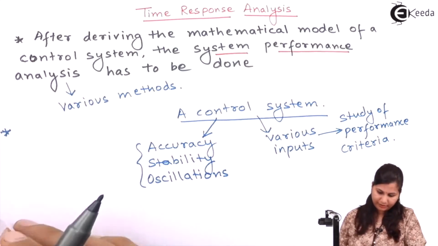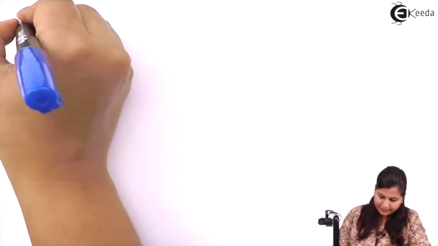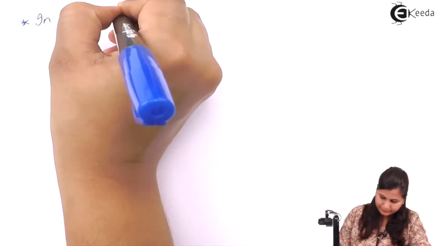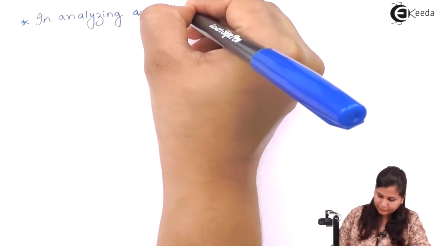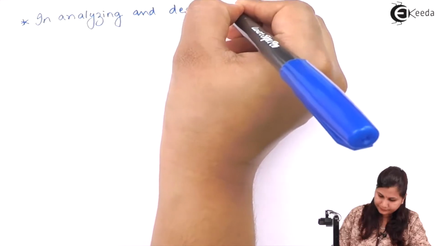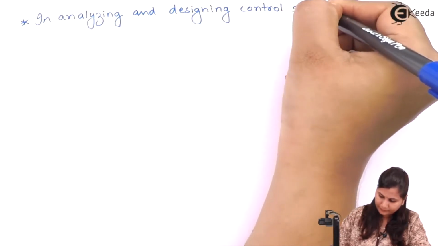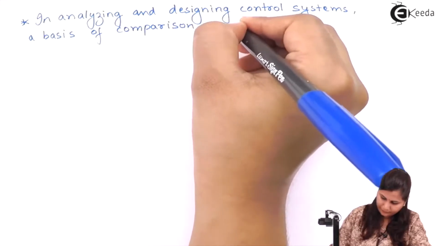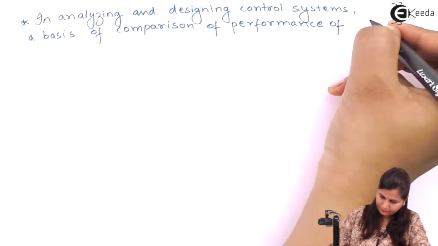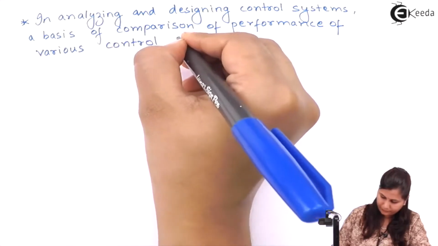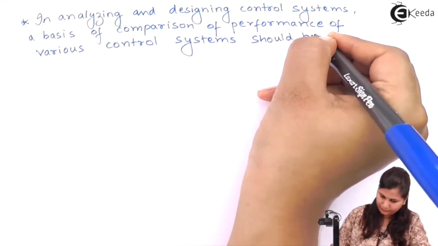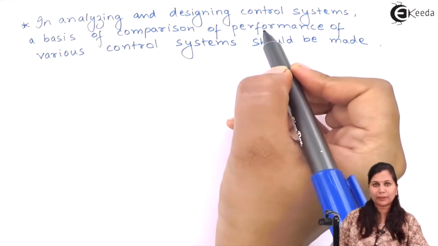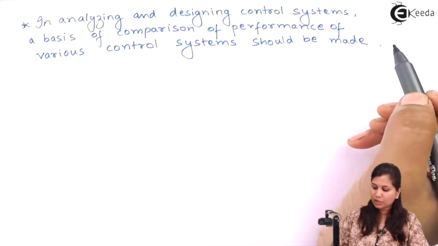So what is the basis of this analysis? In analyzing and designing the control systems, a basis of comparison of performance of the various control systems should be made.